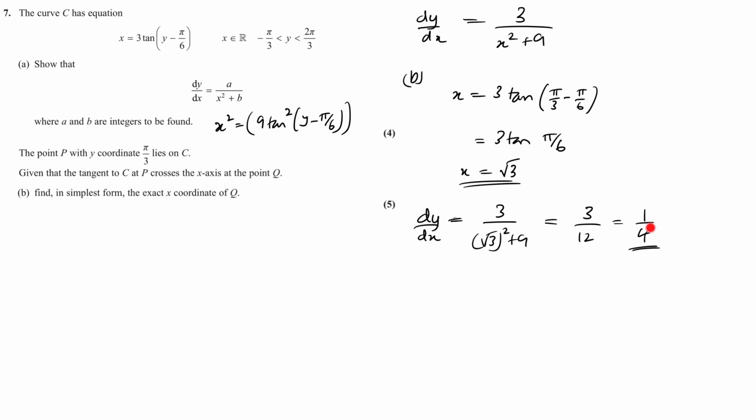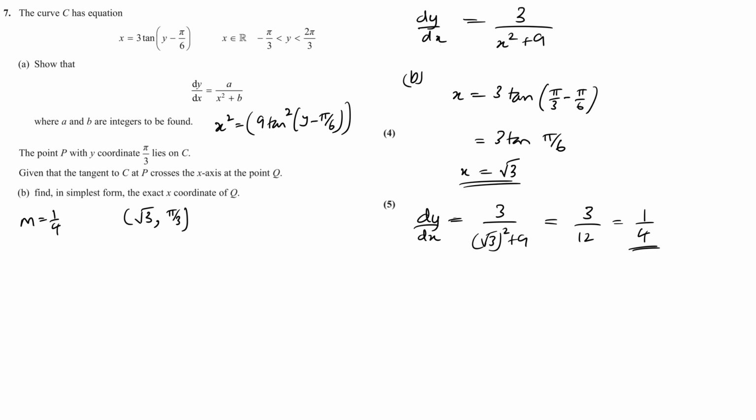Now I have the gradient, so m equals 1/4, and I have the coordinates for P, don't I? Which is pi by 3. No, I shouldn't put it there, should I? The pi by 3 is the y value. It is root 3 comma pi by 3. That's my coordinates.